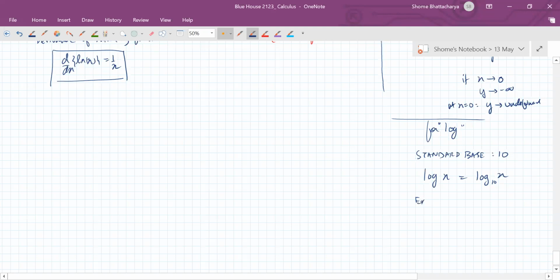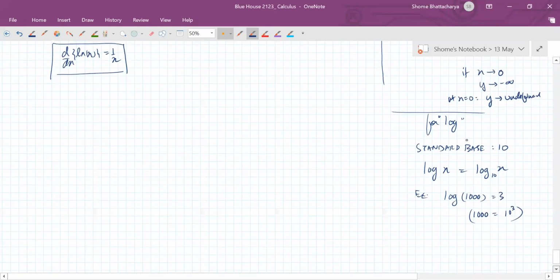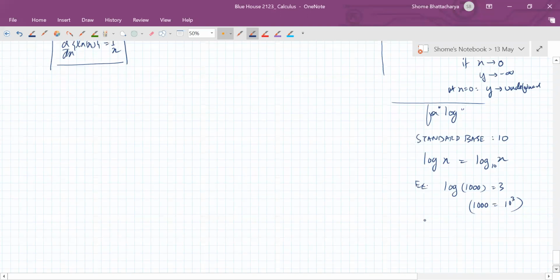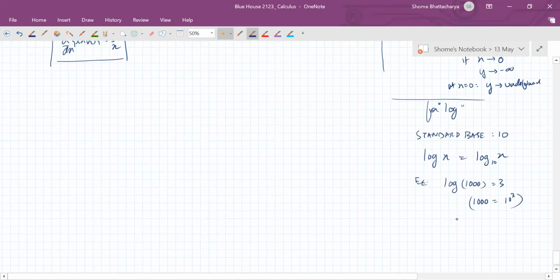For example, log of 1000 will be 3, because 1000 is equal to 10 raised to 3. So that's the standard base, whereas the natural log base, as we've just seen, is e. So ln x is log to the base e of x.